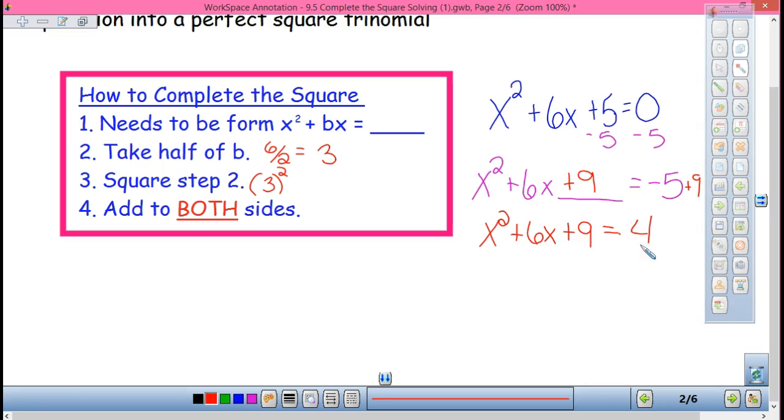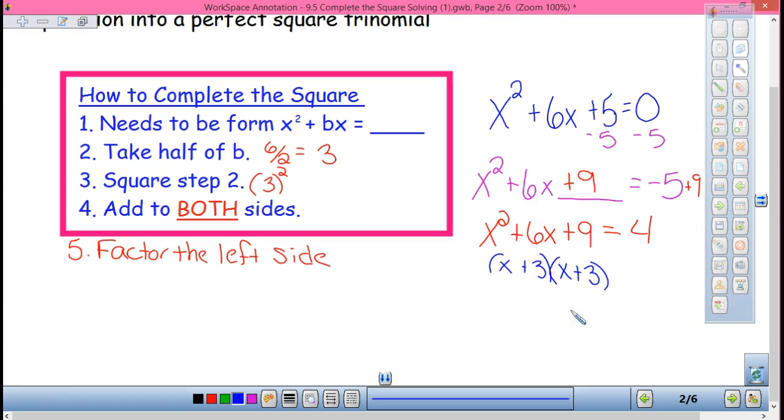Okay. Step 5 is going to be to factor the left side. And the reason why this is called completing the square is because this left side is going to be a perfect square, which means x plus, how do I get to 9? 3, and x plus 3, right?